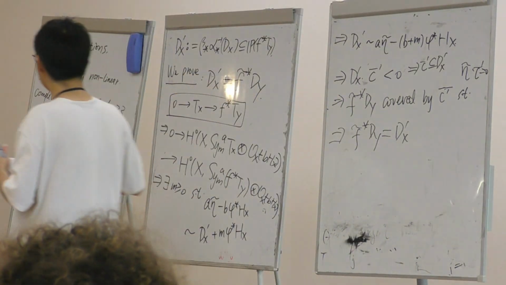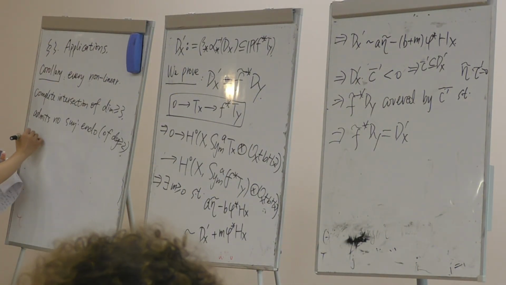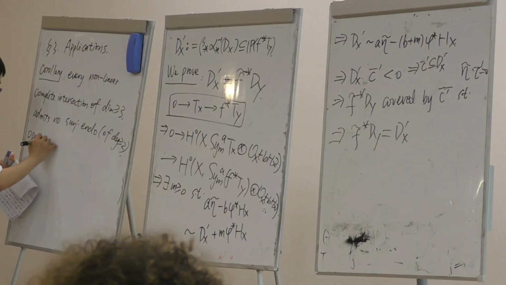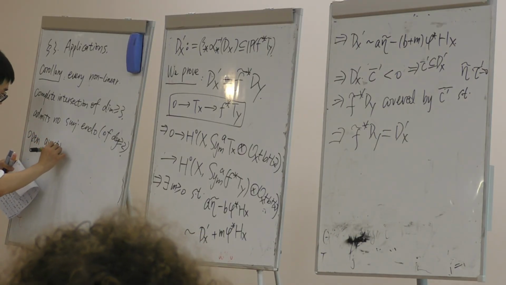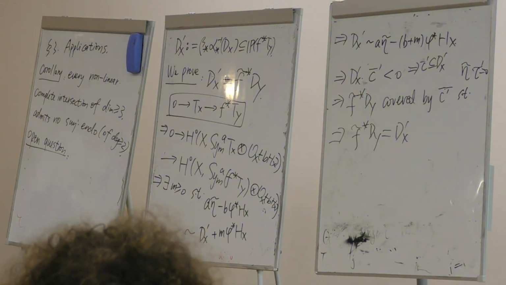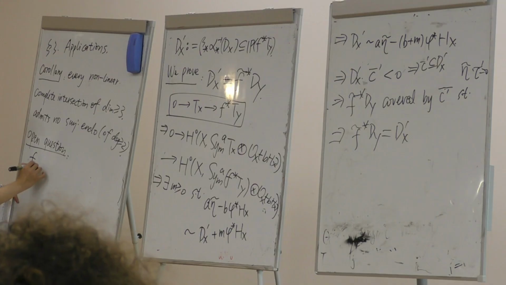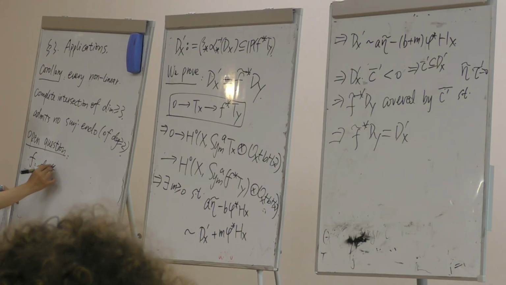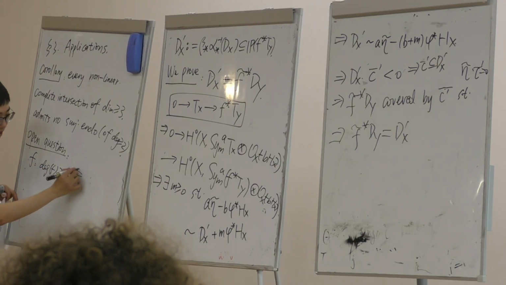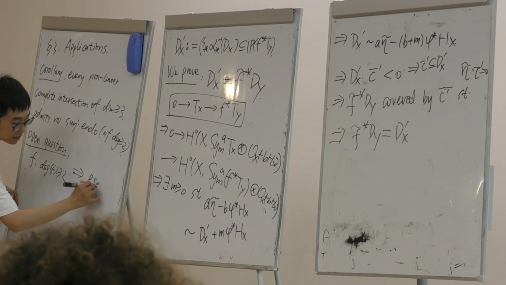And another thing is, I want to ask an open question. So now, let me summarize the situation. Given a non-isomorphic surjective endomorphism, degree of f greater than or equal to 2, we obtain some pseudo-effectivity.